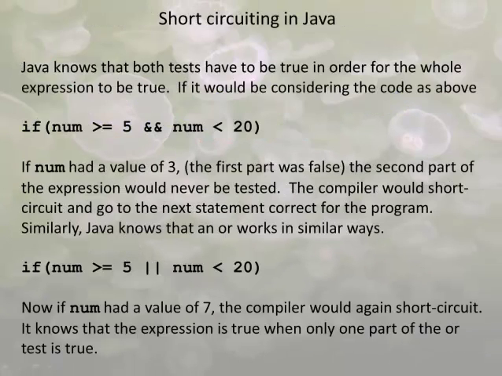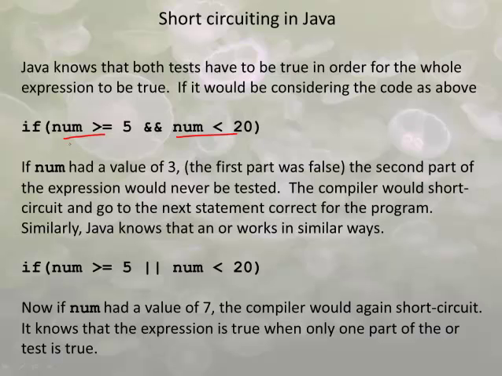There's something called short-circuiting in the Java language, and this is how short-circuiting works. We have a compound statement. We have 2 things we are ANDing together. Java knows that both of these must be true in order for the result to be true.